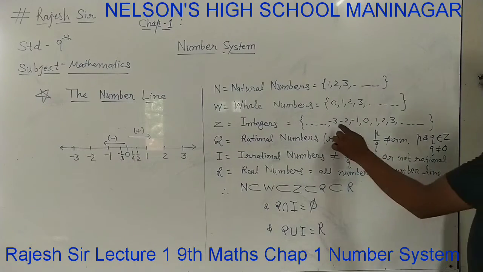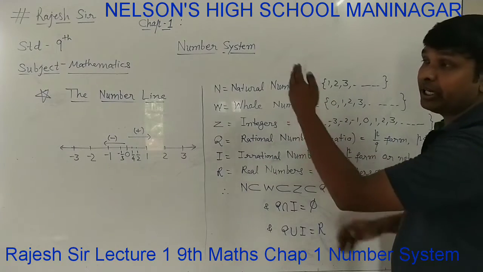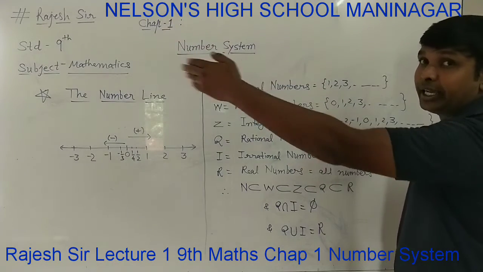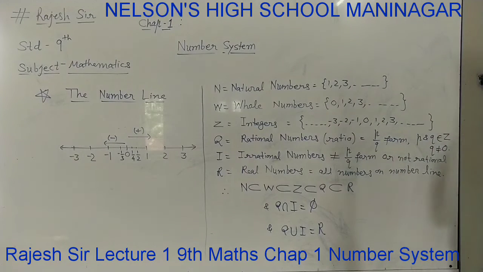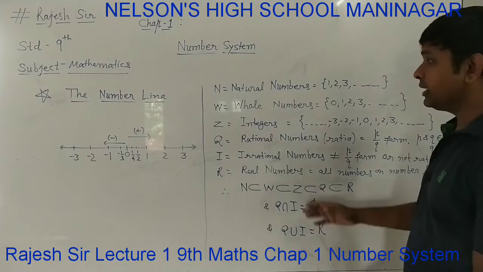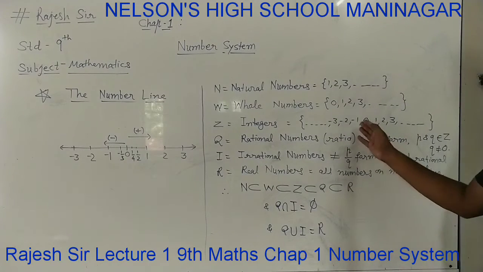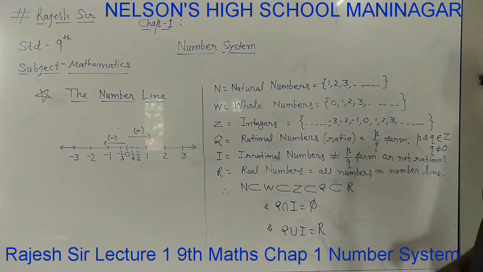So before -3 it will be -4, -5, -6, -7 and so on infinitely on the negative side, and on the right side also 0, 1, 2, 3, 4, 5, 6, 7 on infinite positive sides. So on both sides, all integers we take: plus numbers and minus numbers as well as 0.